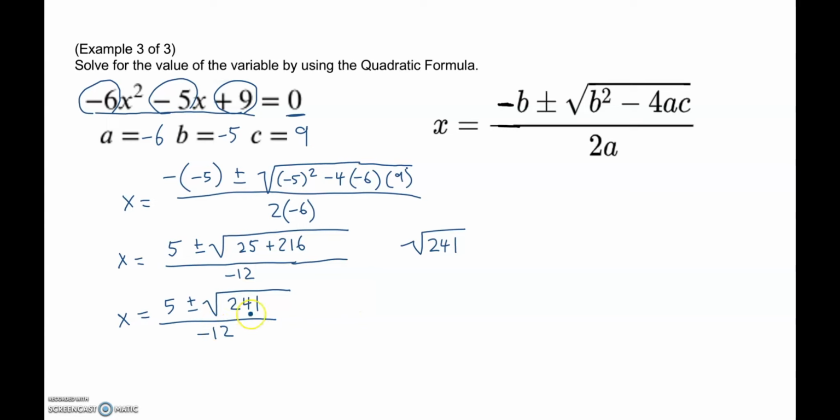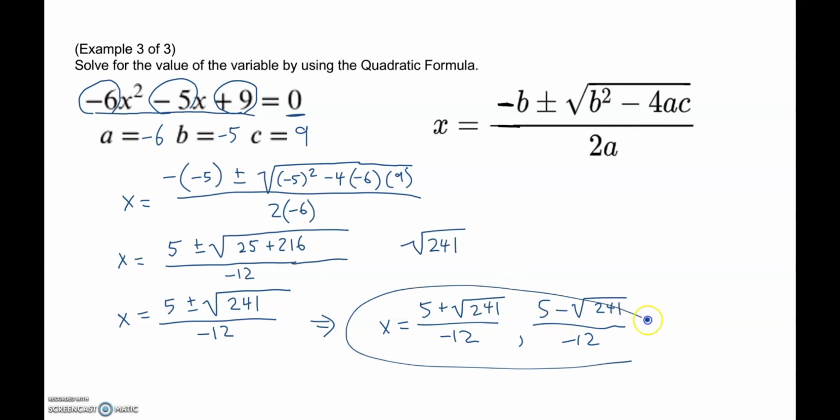We can assume that this is a radical that may not be able to be reduced. Therefore, let's write our answer out in two different ways. X is equal to 5 plus the square root of 241 all over negative 12, as well as 5 minus the square root of 241 all over negative 12. So these are your two answers.